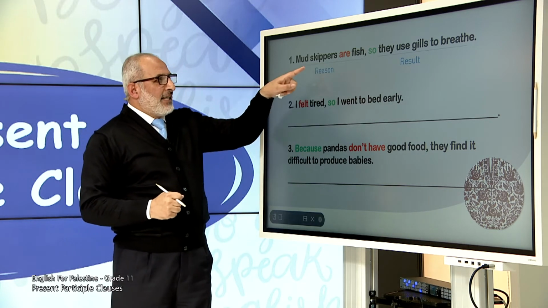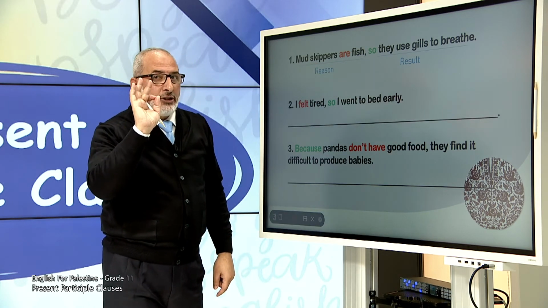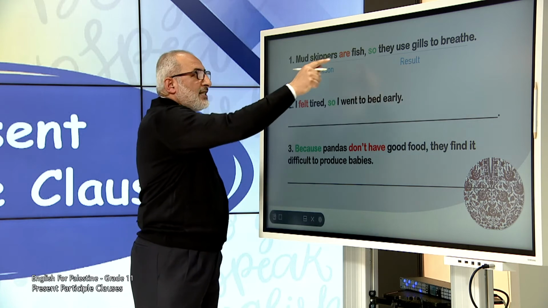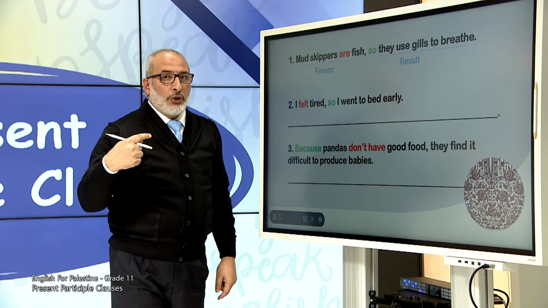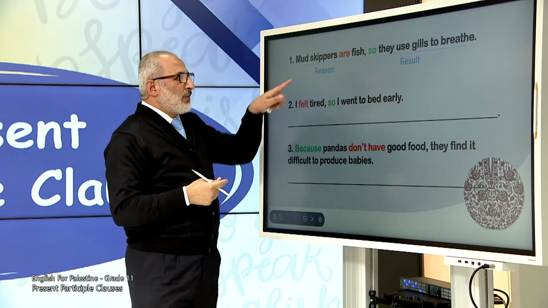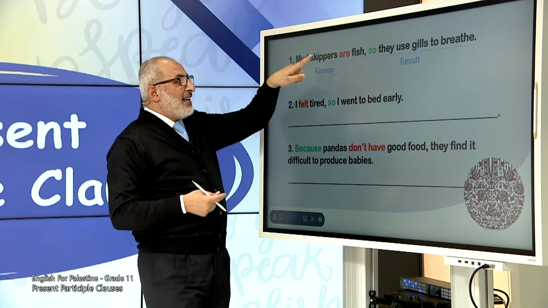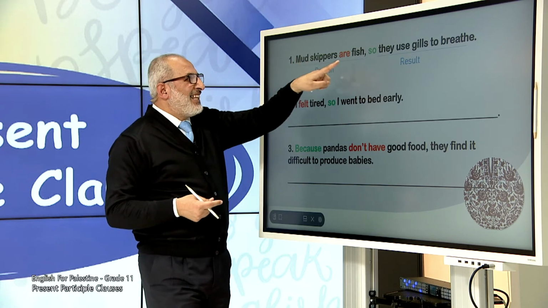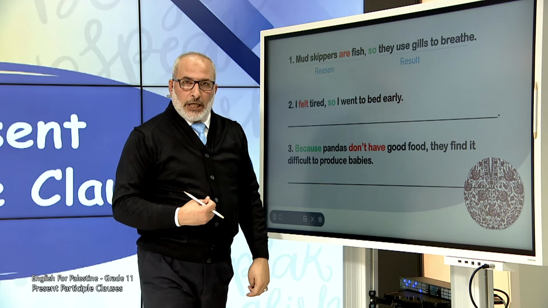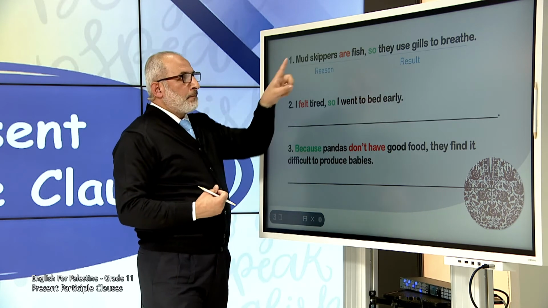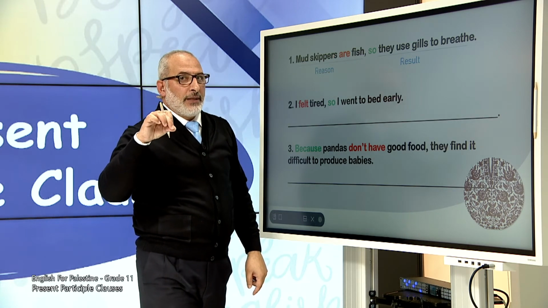Where is the verb here? And by the way, I'd like to remind you that we use present participle clause to express a reason. So where's the reason here? Okay, so I rewrite this part using present participle clause, the ing form of the verb.